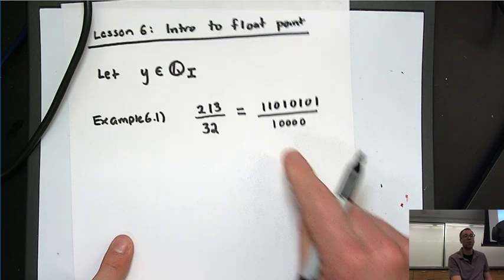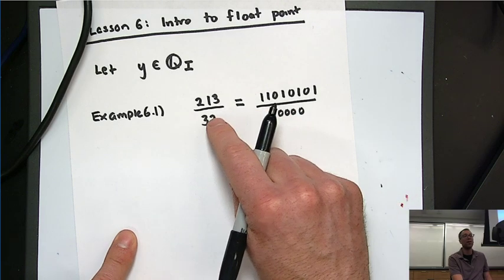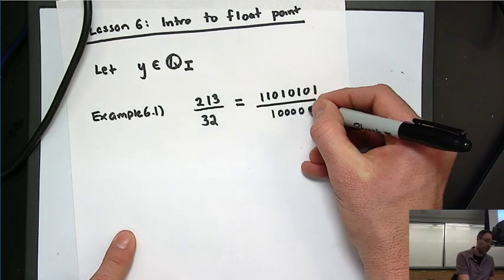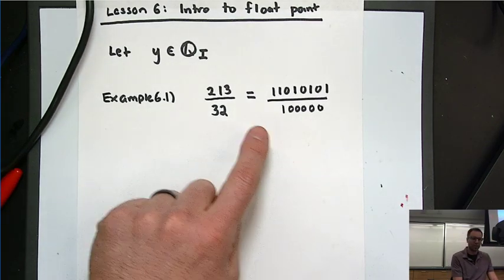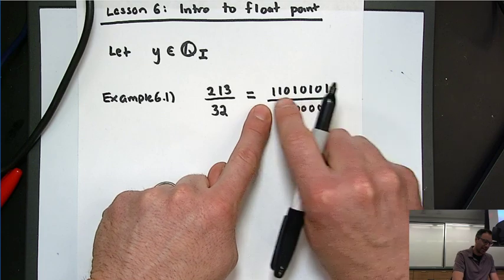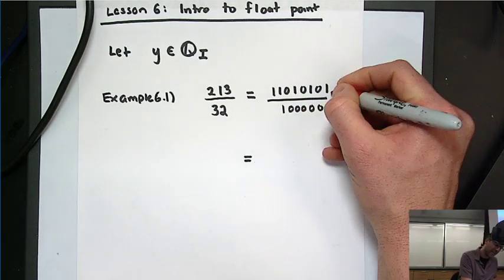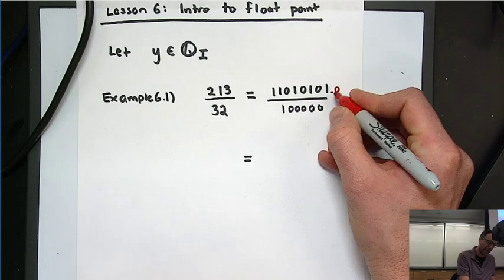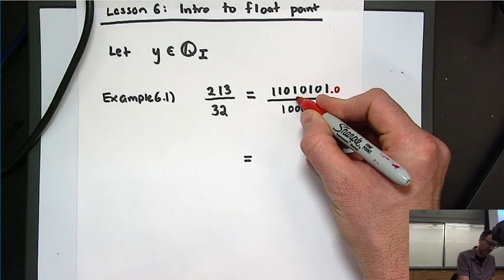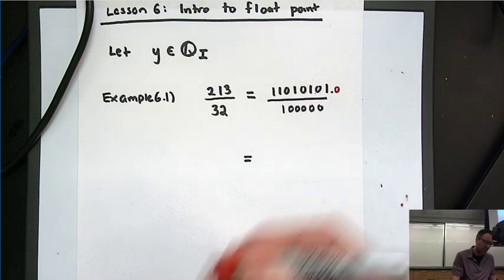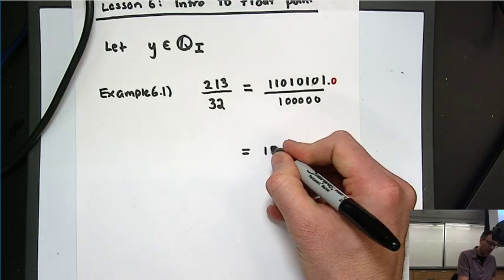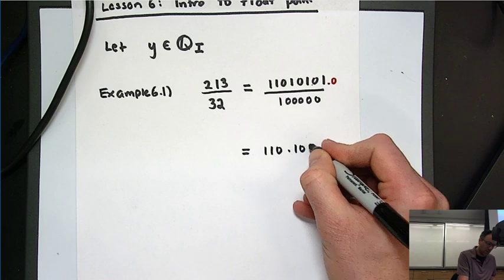So the number of zeros correlates with the corresponding power. So in this situation, right now the radix point is at the end of the numerator. And then I move that radix point over 1, 2, 3, 4, 5 because I have 5 of them, right? So it would be 110.10101.